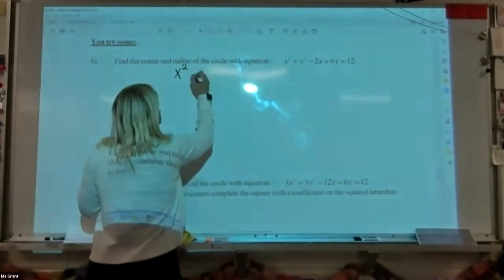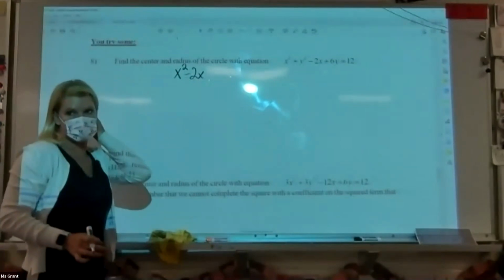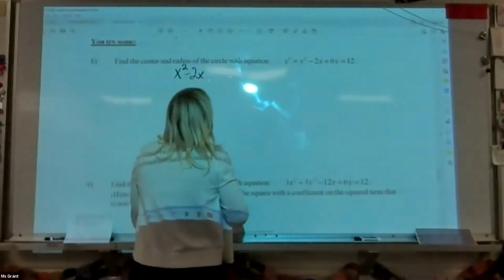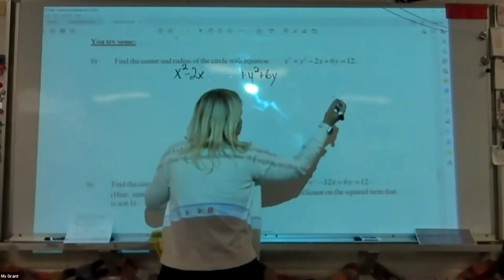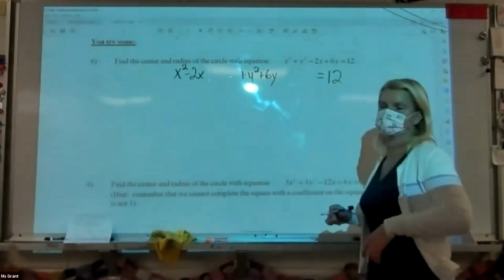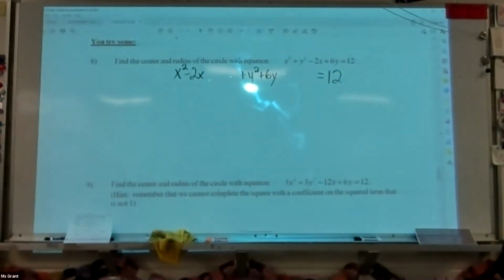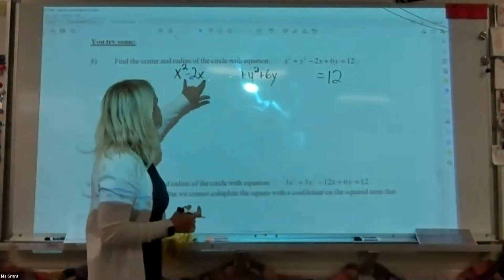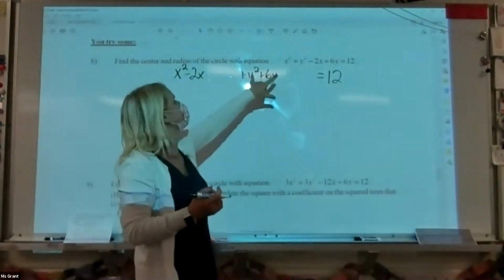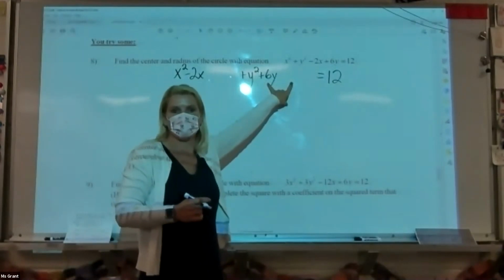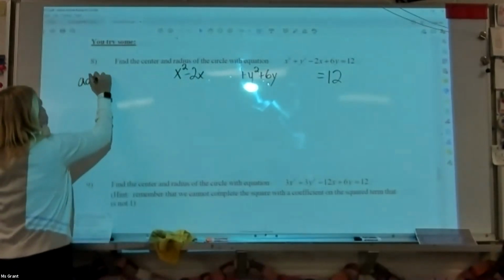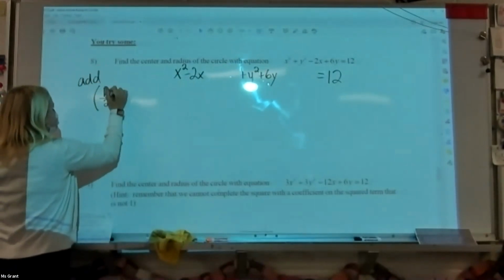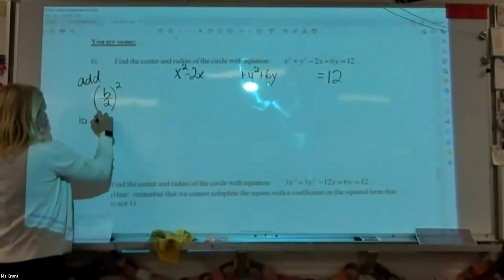So x squared minus 2x, leave a space, plus y squared plus 6y, leave a space, and the 12 is already on the other side. So this is good. We need to complete the square for this beginning of the trinomial and for this beginning of the trinomial. You add b divided by 2 squared to both sides.